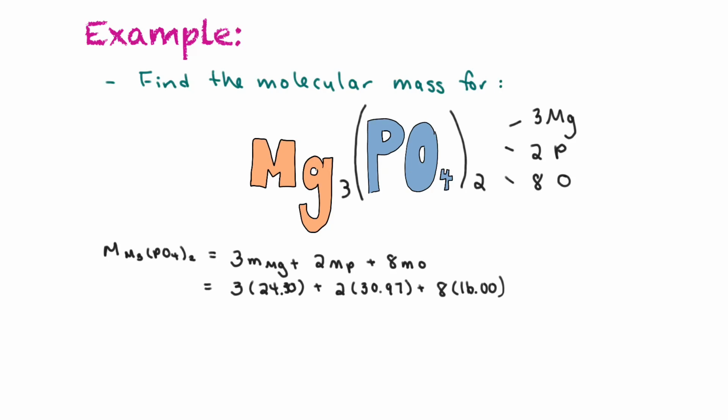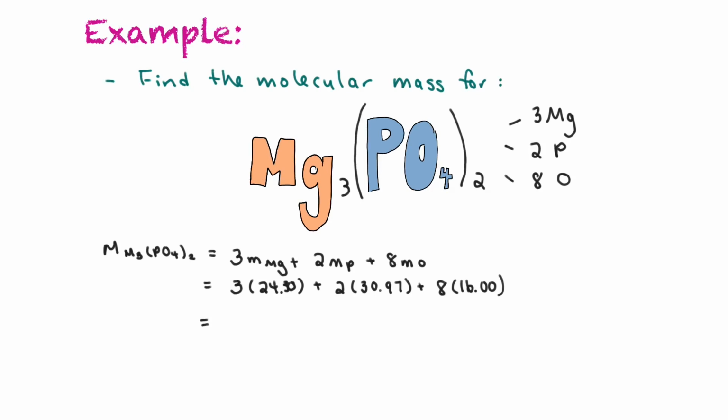So we'll continue to work through that problem. The first one, 3 times 24.30 equals 72.90 plus 2 times 30.97. So that is 61.94 plus 8 times 16.00.